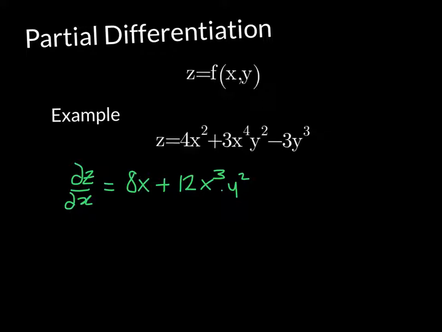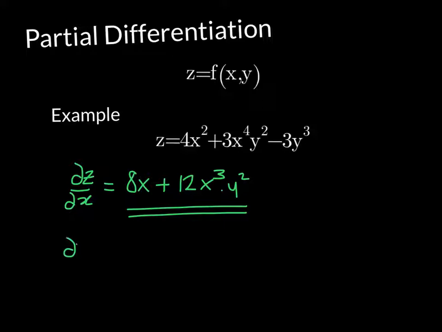And then finally, if we differentiate the last term, which is minus 3y cubed, with respect to x, then we're just differentiating a constant essentially, so that just goes to 0. So our expression for the partial differential of z with respect to x is 8x plus 12x cubed times y squared.